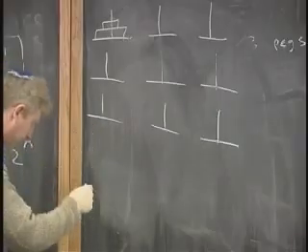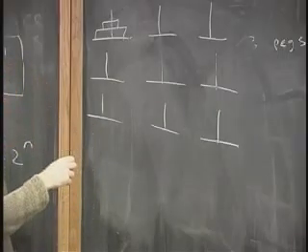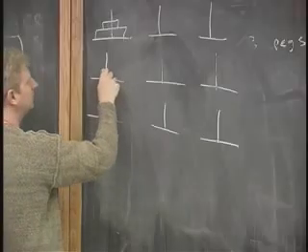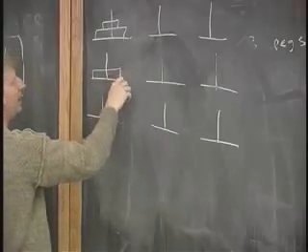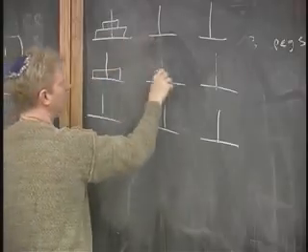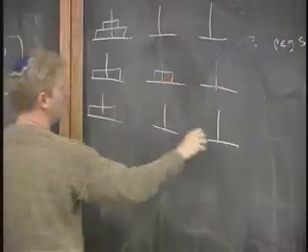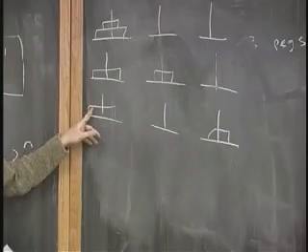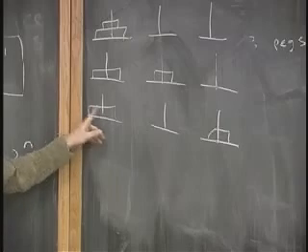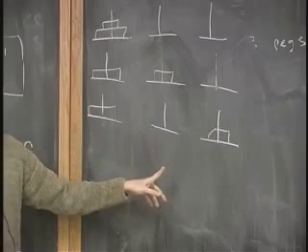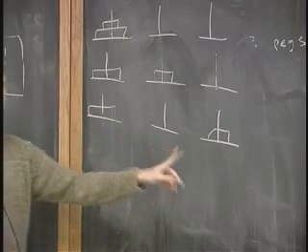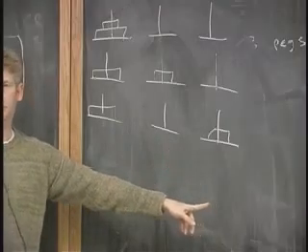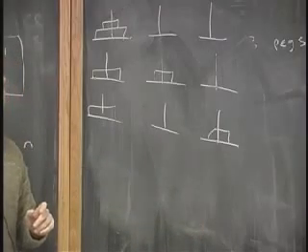Let's try to write them out. First of all, the ones with the... Why don't I leave the bottom one here and just move this one over? So I've got 3 with the bottom one on peg 1. Agreed? I'm going to get another 3 with the bottom one in the middle. And I'm getting another 3 with the bottom one at the end. 3, 3, 3, that makes 9.